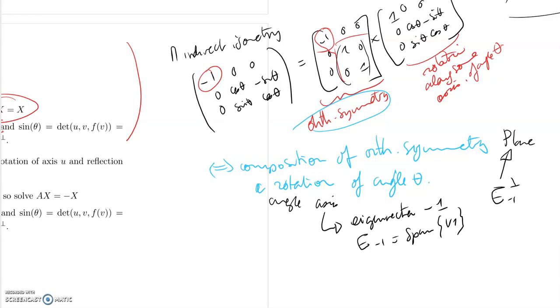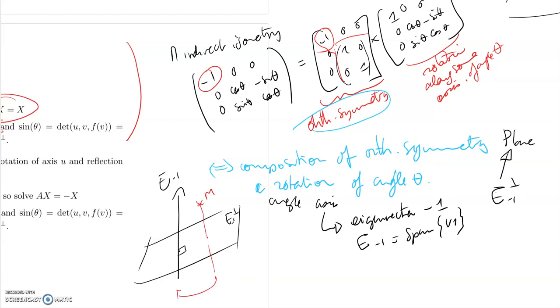Okay? So if I'm trying to draw this, I've got that direction, E of -1, and the orthogonal plane, E -1 orthogonal. And so what's happening for any point in R3? We are taking its symmetric with respect to the plane, and we're doing the rotation around this axis.